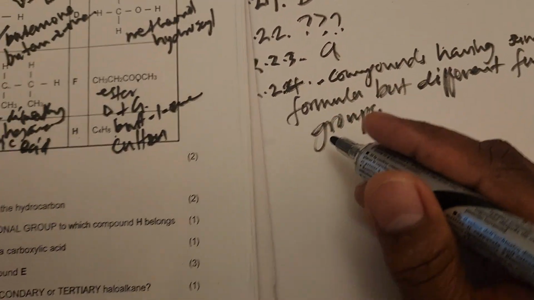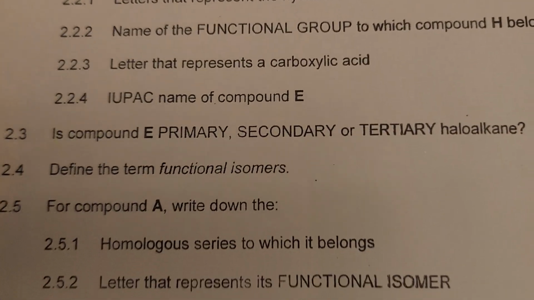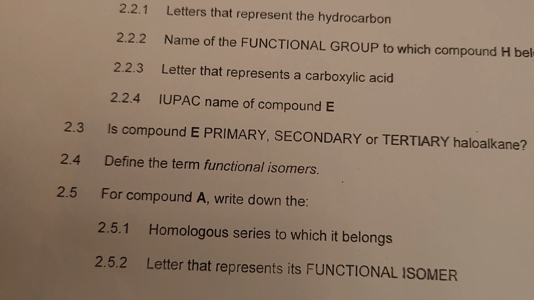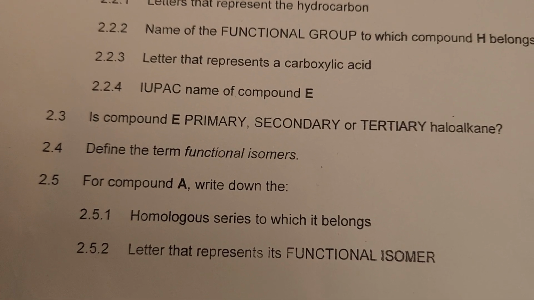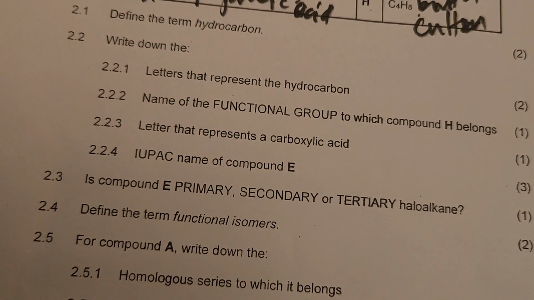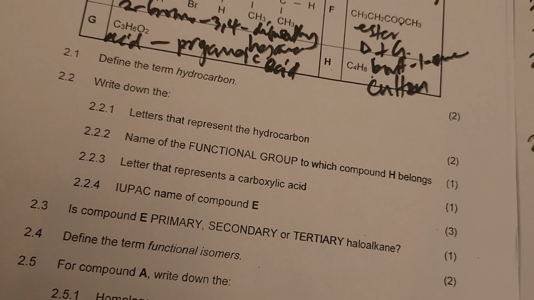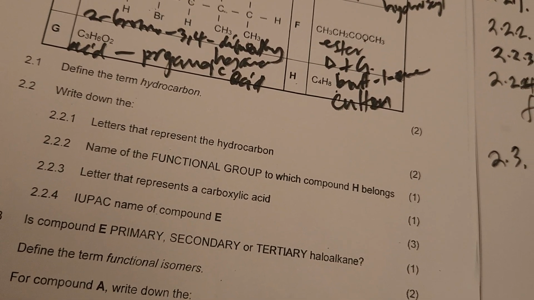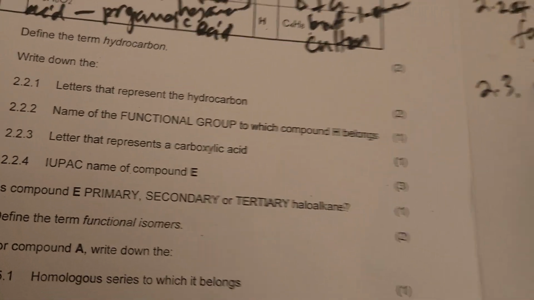Fine. Then we come into 2.3. They are saying to us, is compound E primary, secondary, or tertiary? E is a secondary haloalkane, right?